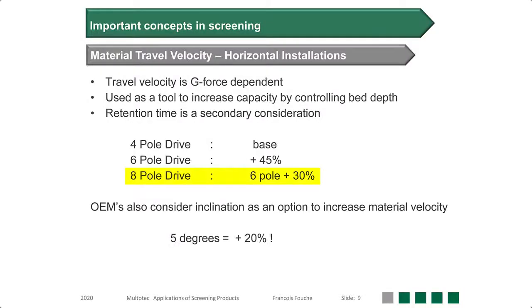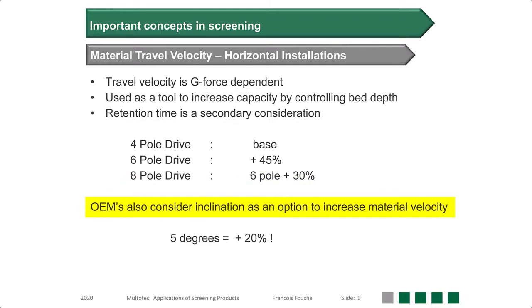Remember the benefit of this? This allows more tonnage within the bed depth constraint that was set to guarantee an acceptable rate of stratification so that we can benefit fines removal. Likewise, if we change to an 8-pole drive, we can increase travel velocity by another 30%.